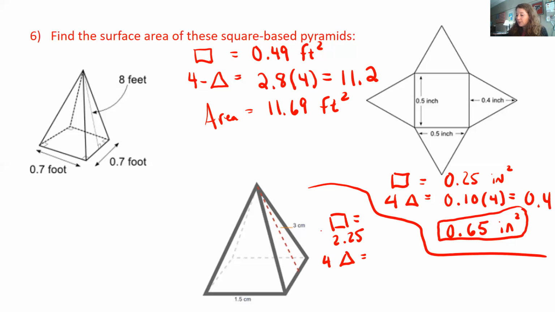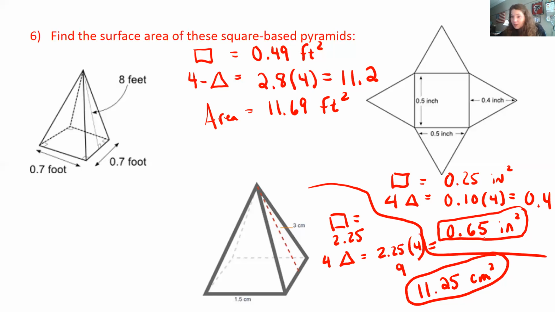So we're going to do 1.5 times 3, and for one triangle, we divide it by 2. So each of them is 2.25. And then we're going to multiply that by 4, which is 9. And then 9 plus 2.25 is 11.25 square centimeters.